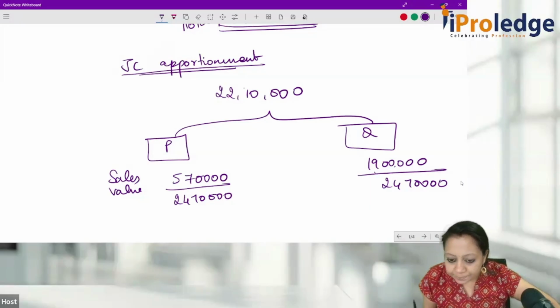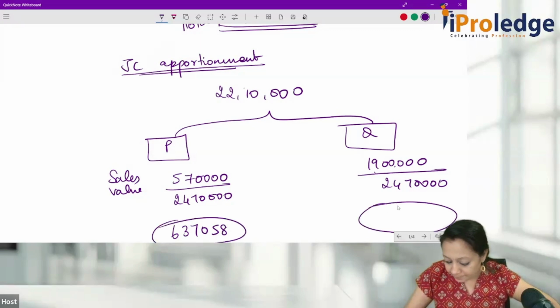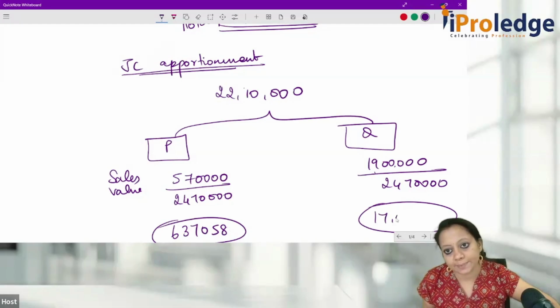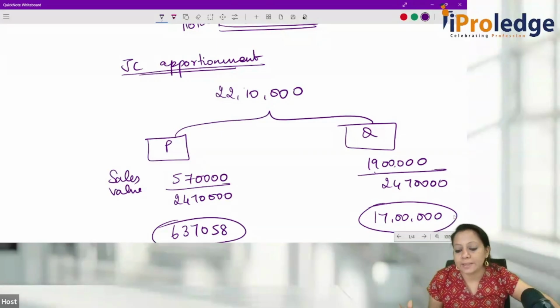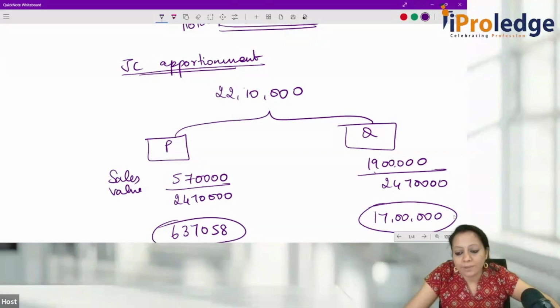Are we getting 637058? And here it will be 17 lakhs, rounded off to one decimal. So this is how we will do the joint cost apportionment.